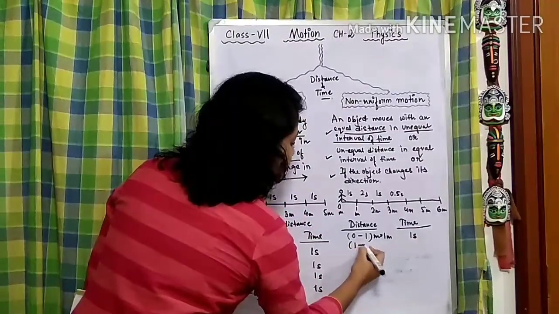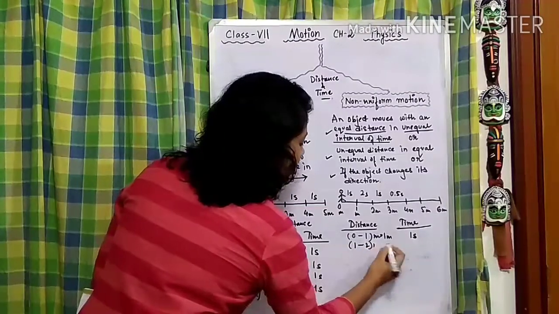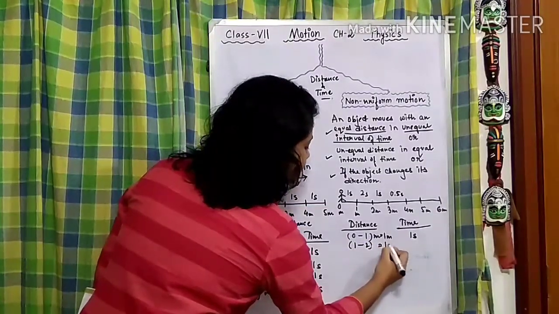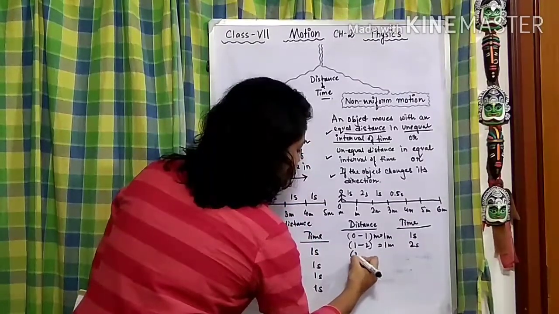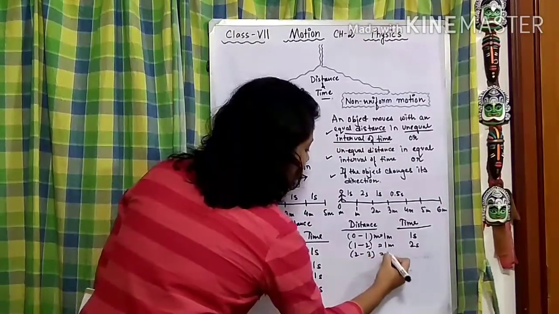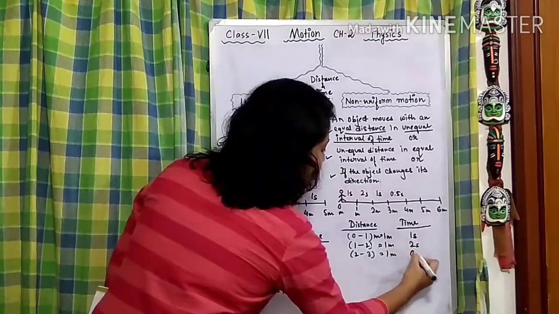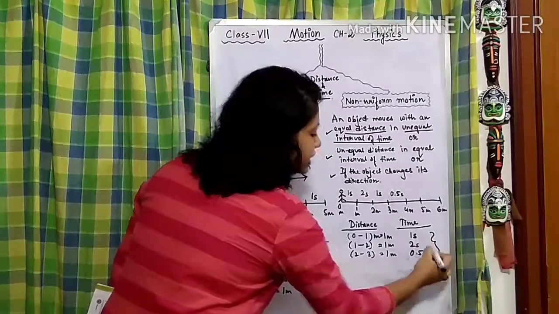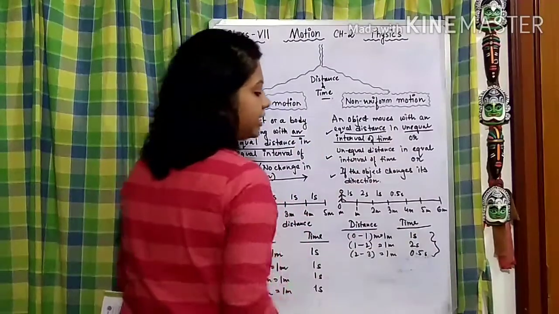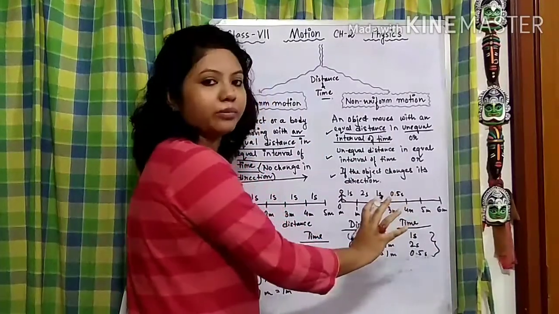From 1 to 2, he took 2 seconds. From 2 to 3, 1 meter once again, he took 0.5 seconds. So when you watch the time panel, you can see there is no uniformity.